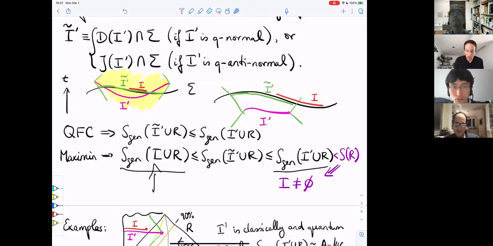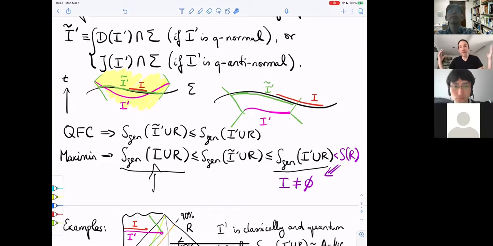So what we're going to do is start with this candidate region I prime, generate null geodesic congruences along which the generalized entropy decreases. And for a normal or anti-normal region, we're guaranteed that those intersect the maximum surface, wherever it is.